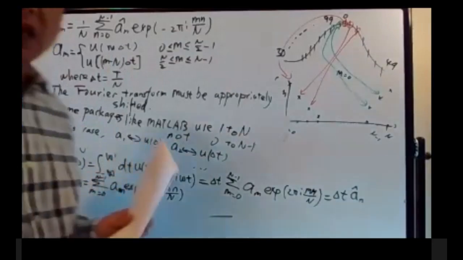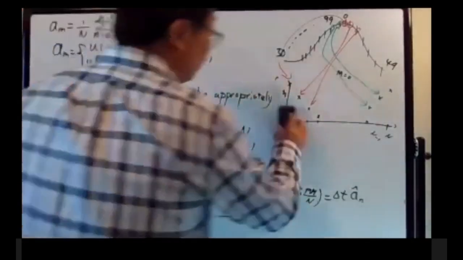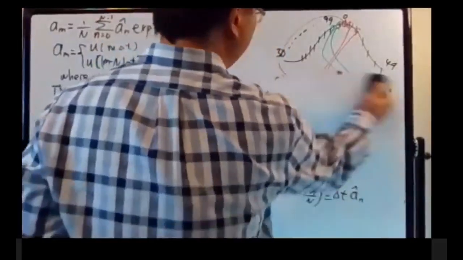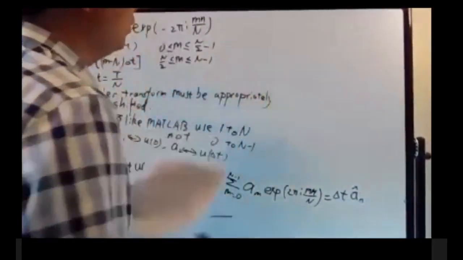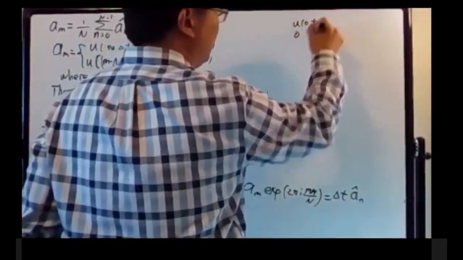Okay, so now let's see what we learned. We have U0(t).